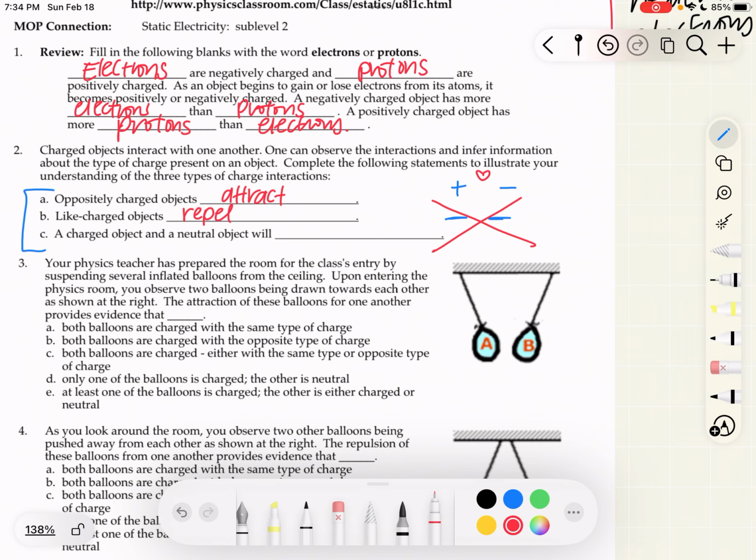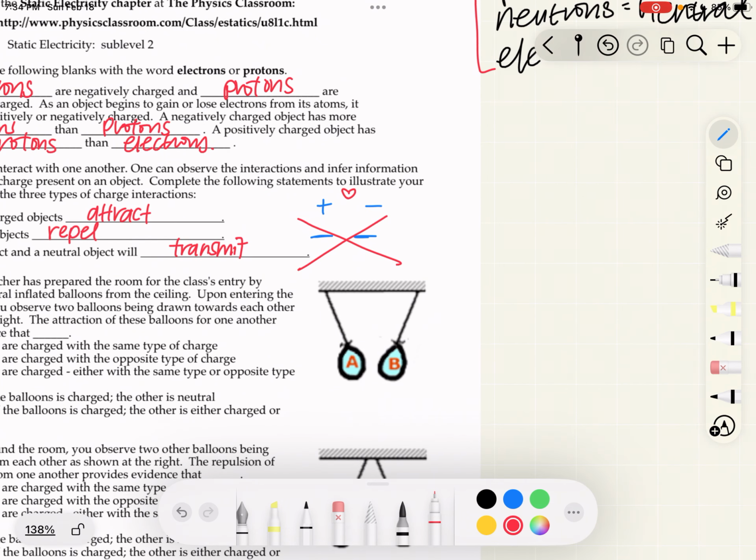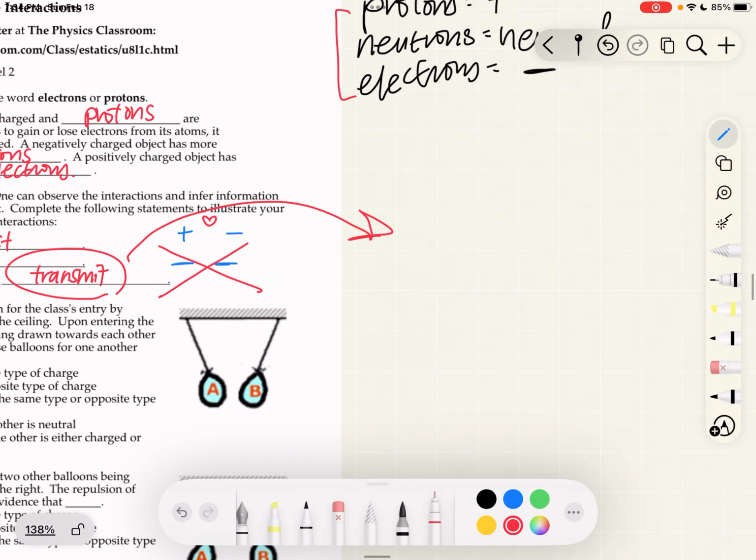A charged object and a neutral object will transmit. What it means by transmit is, let me think, if this thing has more electrons and this thing is chilling and it has nothing. Let's say this is wired.